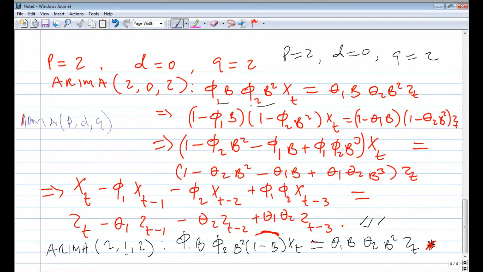So in this case, our P equal to 2, D equal to 0, Q equal to 2. What does that mean? I tried to explain, maybe you didn't get me. If P equal to 2, it simply means that we have an autoregressive of order 2. I think you have understood that one. If Q equal to 2, we have a moving average of order 2, which I believe you know how to write: the autoregressive of order 2 and the moving average of order 2.